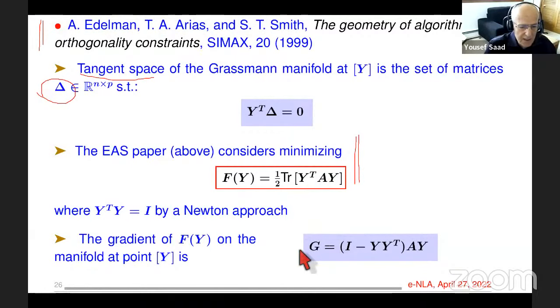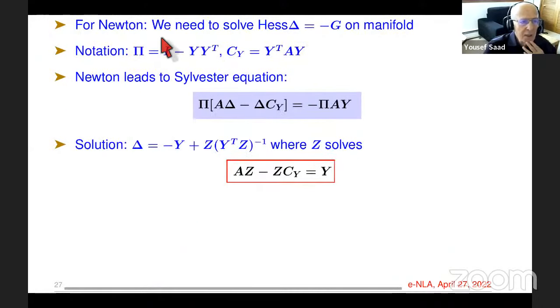And in this, the gradient of f of Y, which I'll also be using, can be written in this form. So this is the gradient of this function at Y. You could view it as at the Grassmann point generated by Y.